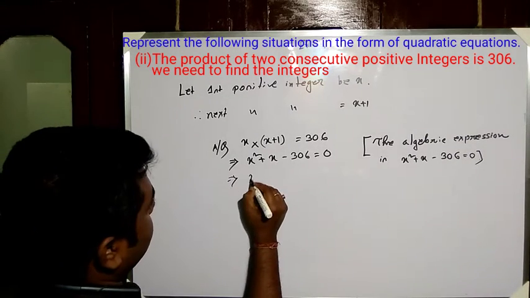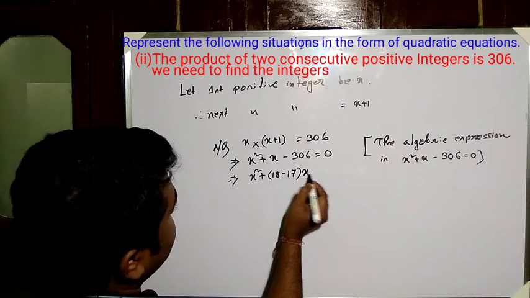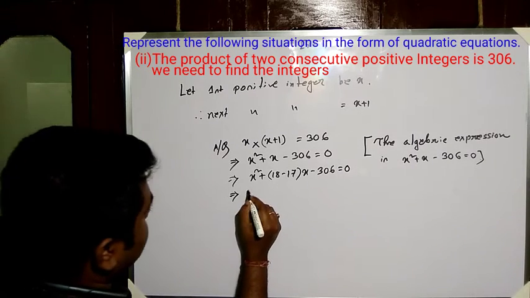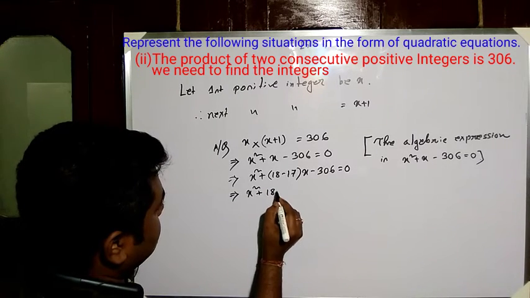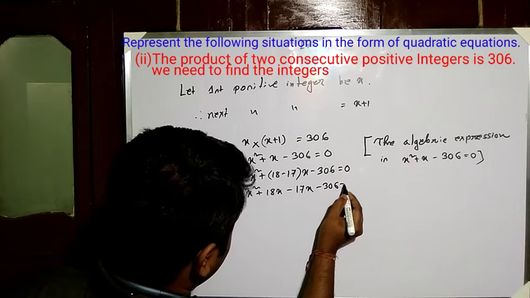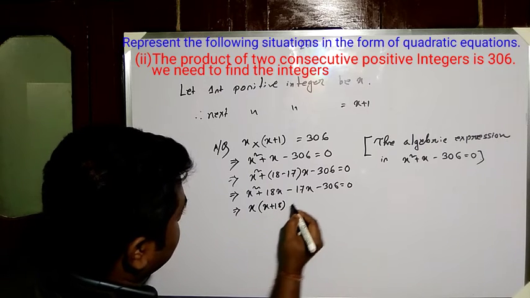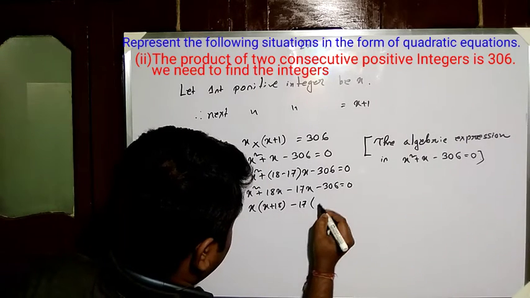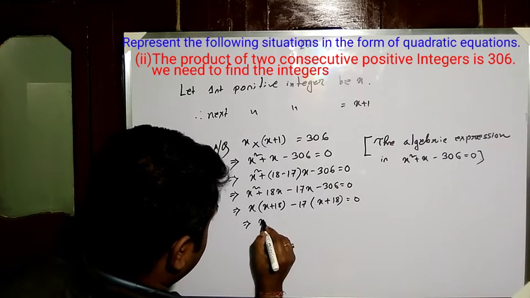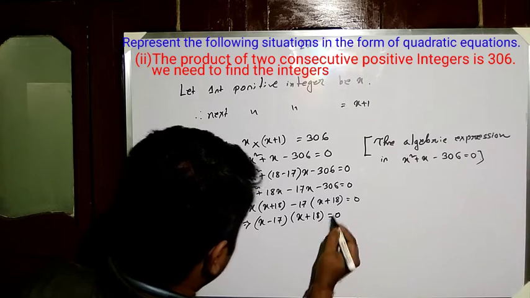So x square plus 18x minus 17x minus 306 equals 0. It implies x into x plus 18 minus 17 into x plus 18 equals 0. So x minus 17 and x plus 18 equals 0.